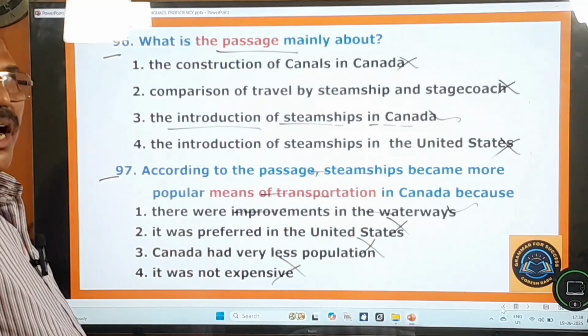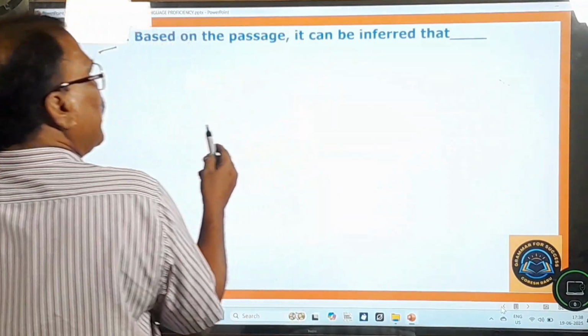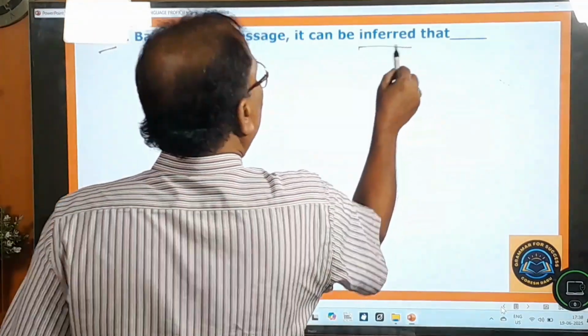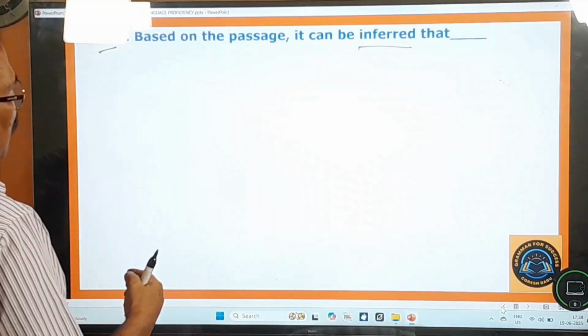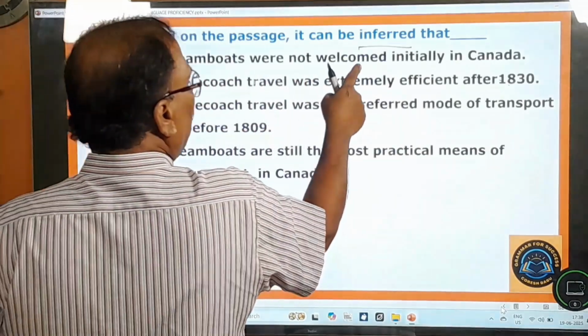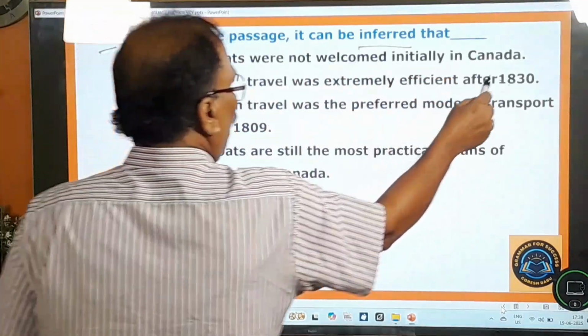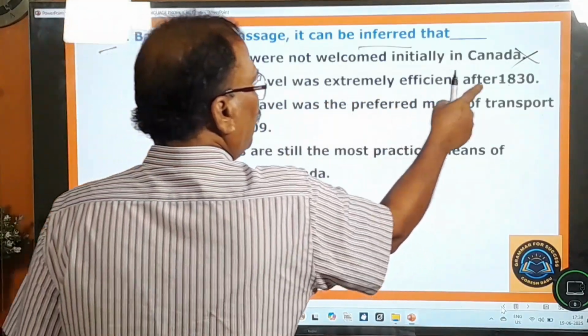Now you move on to other questions. 98th question. Based on the passage, it can be inferred that, inferred means guessed. What can you guess from the passage? Steamboats were not welcomed initially in Canada. No. Stagecoach travel was extremely efficient after 1830.